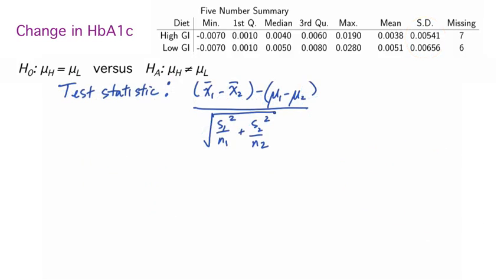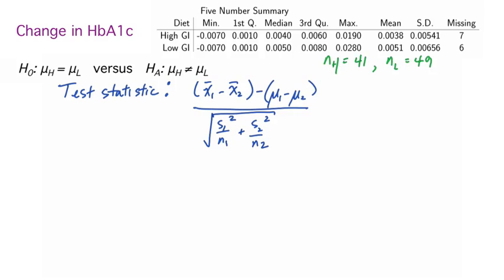Here's the formula for the test statistic for the 2 independent samples t-test, not assuming that the variances are equal. We have all these numbers here that we need to calculate this, except for the sample sizes. Because of the missing values caused by dropouts in the study, we don't have observations for everyone that was recruited, and we have the change in HbA1c for 41 subjects on the high GI diet and 49 on the low GI diet.